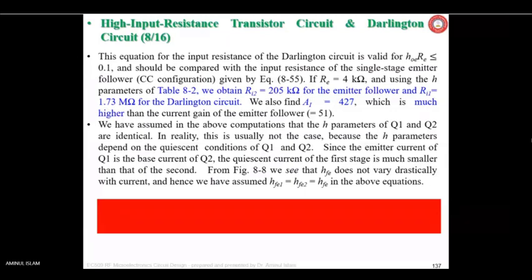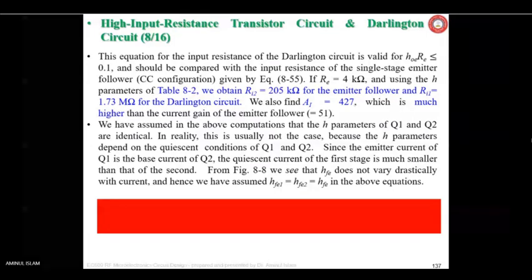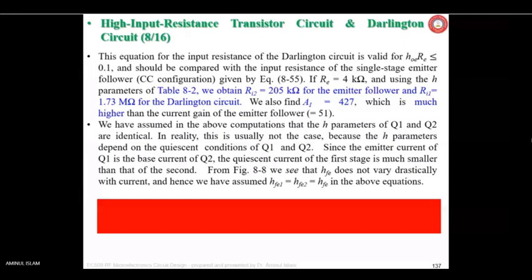This thing we have already summarized, and we have also understood something else. What is the advantage of using this RE? Stability. RE gives stability in biasing, voltage gain, etc.